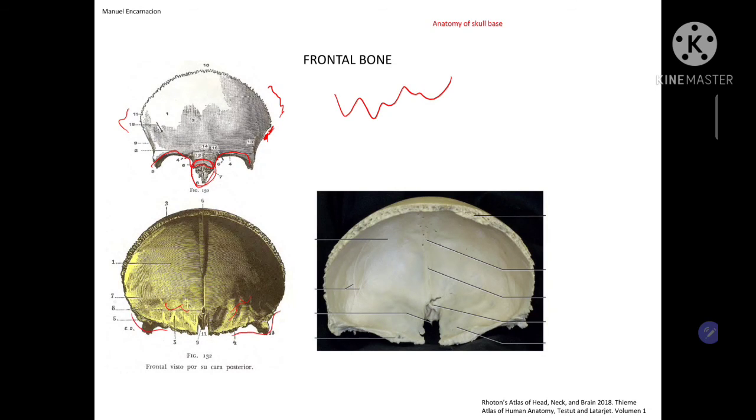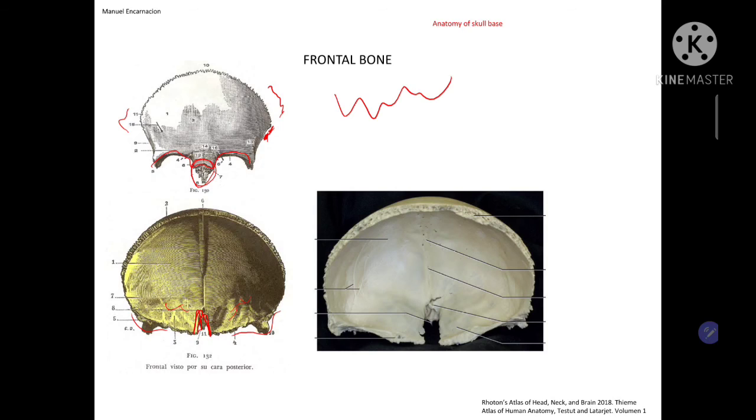The posterior border or sphenoidal border is the boundary between the intracranial surface and the exocranial surface of the orbital surface. In the middle, it's interrupted by the ethmoidal notch. Remember here, and it articulates along almost all its extension with the minor or lesser wing of the sphenoid.